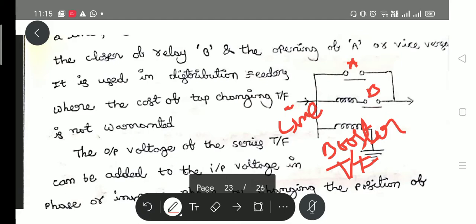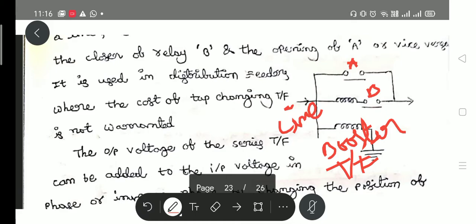It is used in distribution feeders where the cost of tap changing transformers is not warranted. By changing this turns ratio, the voltage ratio of the transformer and the secondary voltage is changed. It will be used in transmission and distribution systems. We can control the voltage up to plus or minus 16%.